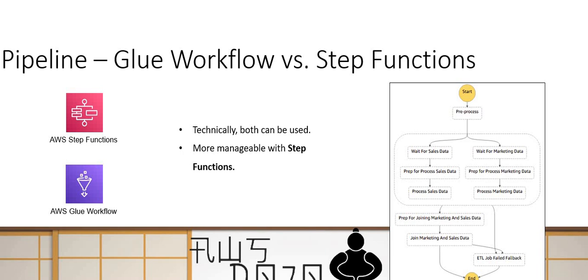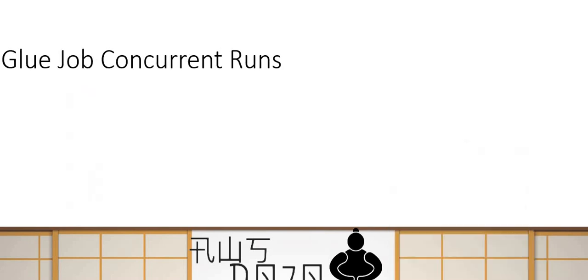Okay. So Step Functions is my recommendation, especially if you're going for a single pipeline for a number of tables to be ingested. Now, how do I configure my Glue job to go for concurrent runs? Well, remember, my premise is single pipeline, single Glue job.